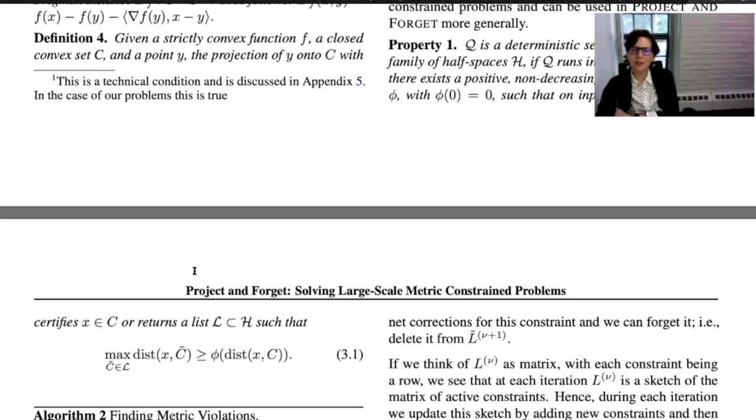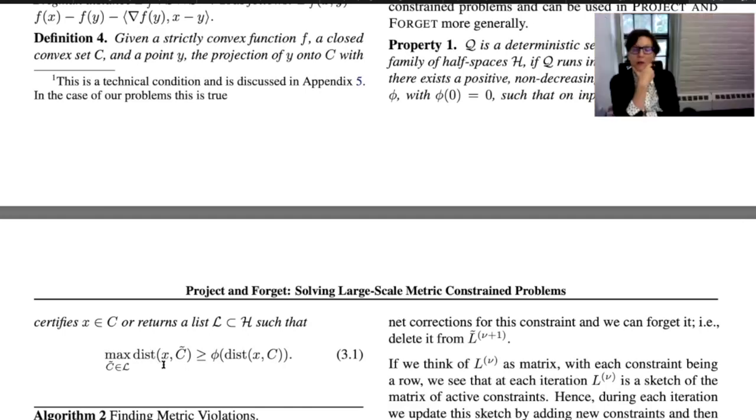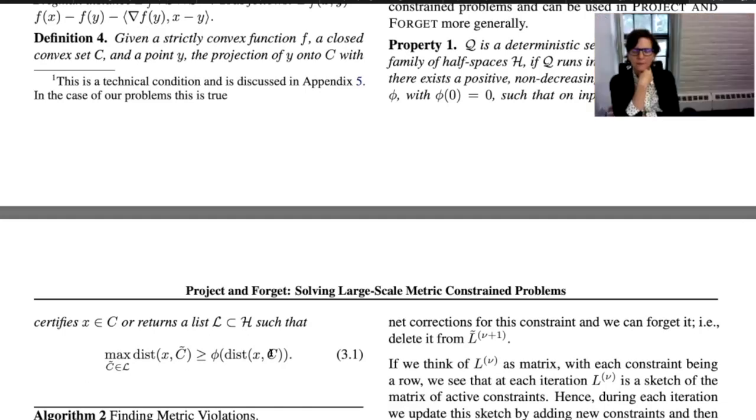Yeah, so I guess inequality 3.1 says you're going to return a list of violated constraints such that they're all greater than some minimum distance. You don't even want all, you just want the maximum in that list, to be greater than some minimum distance to your polytope. Ah, okay.